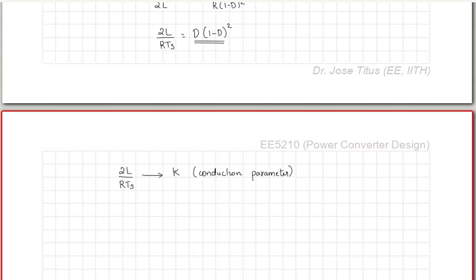If you have a large value of K, then most likely the converter would be operating in CCM, and with very small values of K, you will almost always have discontinuous conduction mode. Okay, so the condition for the boundary, then, we get as K is equal to K critical, that is the value of K for boundary operation, and this should be equal to d times (1 minus d) the whole square.